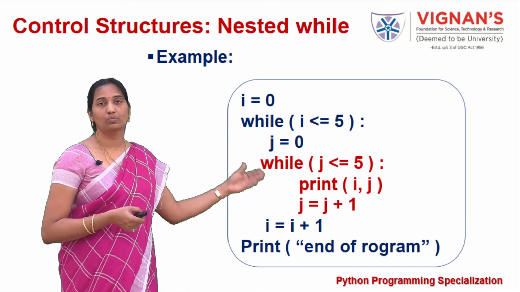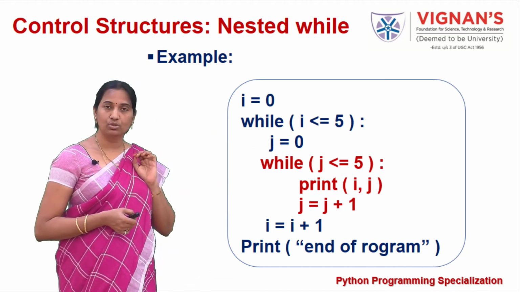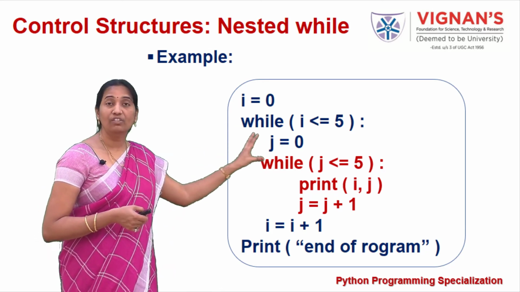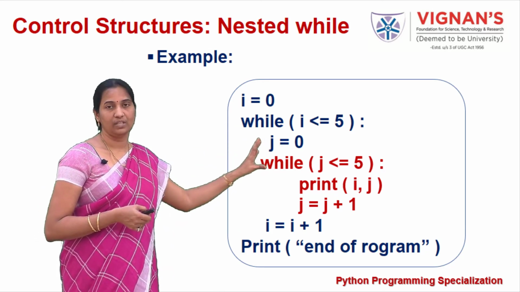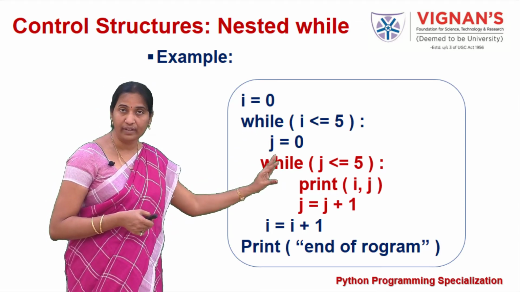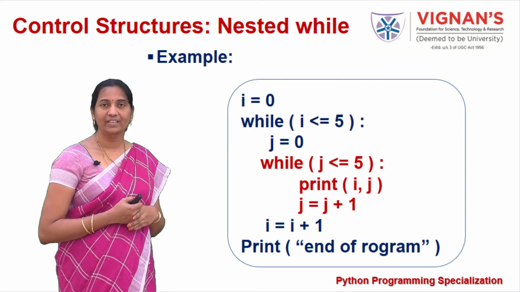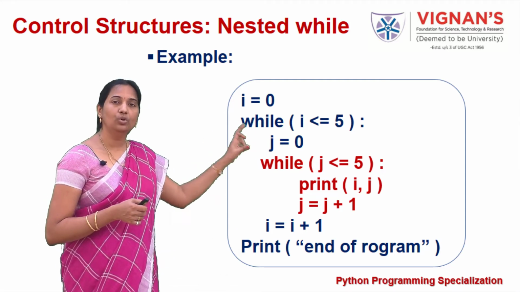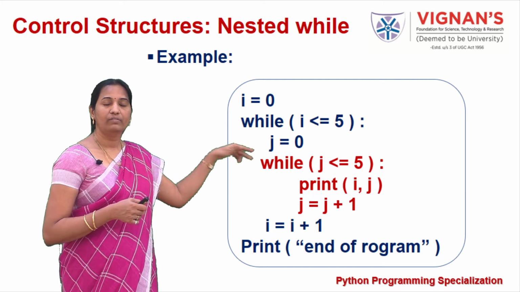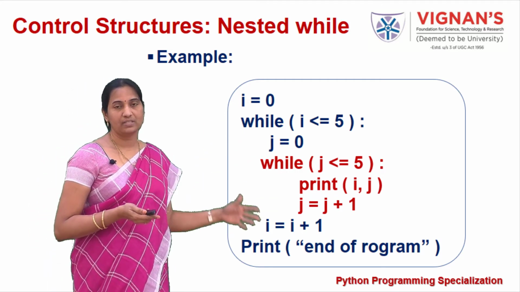So now j becomes 1. With that j value and your i value fixed to 0, your internal while loop will be executed. So the inner loop executes as long as j is less than or equal to 5 with your i value fixed as 0, right? And then after that your inner loop executes with the i value set to 1. So that is how your nested loop works.